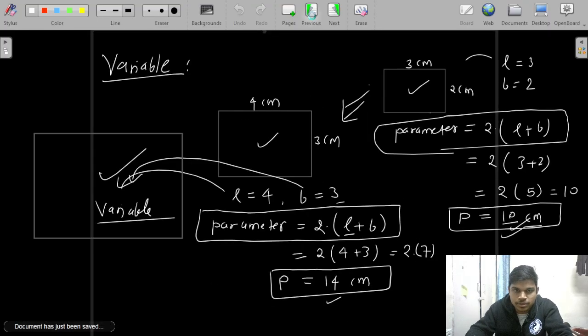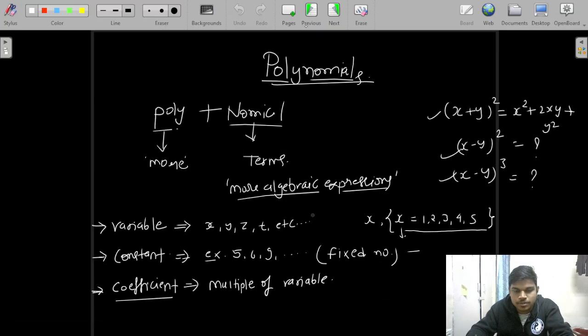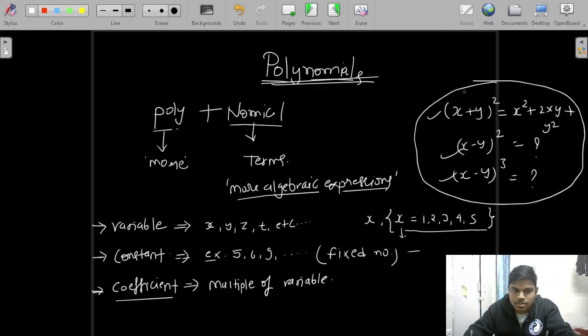I am just going to give a summary of this chapter's topics, a summary of all the expressions. We already discussed the polynomial motivation. You already studied these kinds of algebraic expressions. Polynomial means poly, more terms.